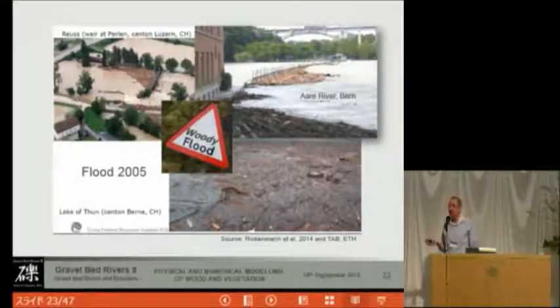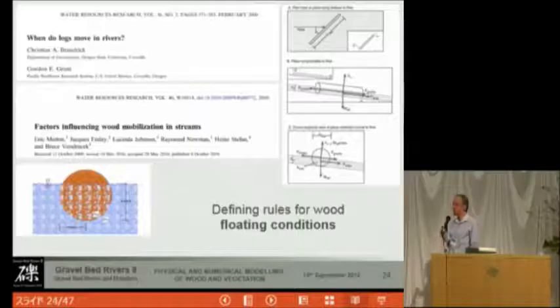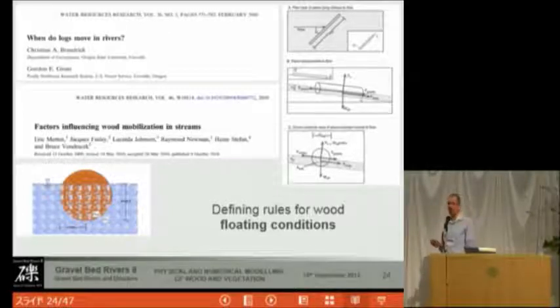So there aren't many models dealing with floating wood. The one that I present to you is probably the first one doing it in a large-scale way. This model takes origins from previous works, made also by Gordon Grant here, studying when a log is moving, so the threshold for motion and how a log moves when transported by flow.